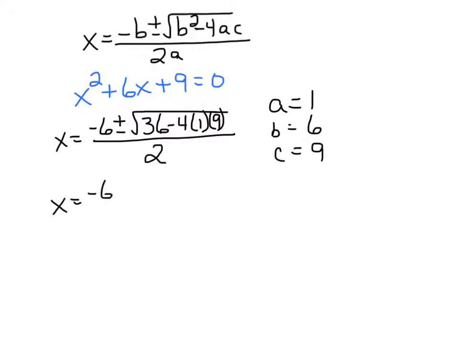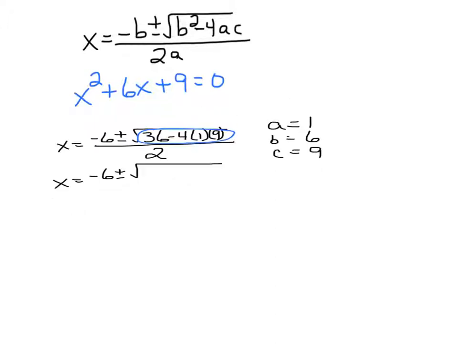Notice in this particular case, as I go through and figure out what is underneath the square root, once again this is known as the discriminant, I get 36 subtract 36 all over that 2. And since I get 36 subtract 36, that's equal to 0.